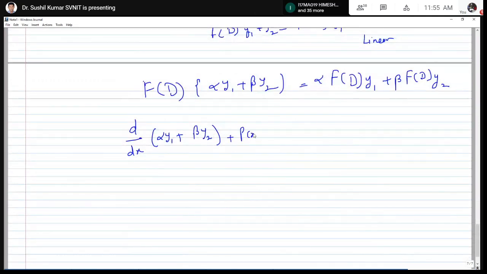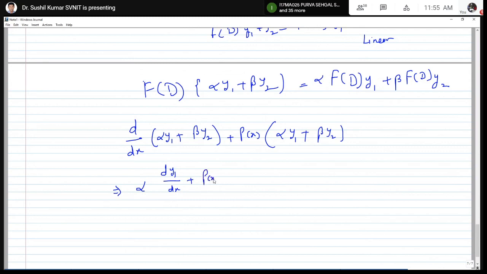Plus p(x) of alpha y1 plus beta y2. So that is equal to, see, it is a differential operator, it is linear. So simply you can write alpha here from this part, first term, you will have alpha into dy1 over dx, plus from here, you can take alpha common, then you have p(x) y1.